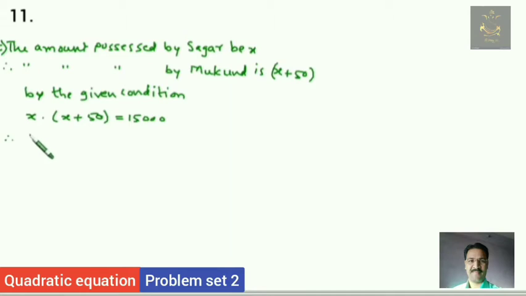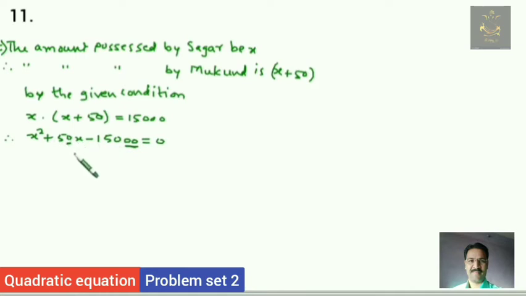Okay friends, look here. This is x square plus 50x. Now take this 15,000 to this side: minus 15,000 is equal to 0. Now we have to simplify. Remember friends, whenever we get a problem like this, just think about the two zeros and the one zero, and we'll think about those zeros afterwards. That means the product is 150 and the difference should be 5.